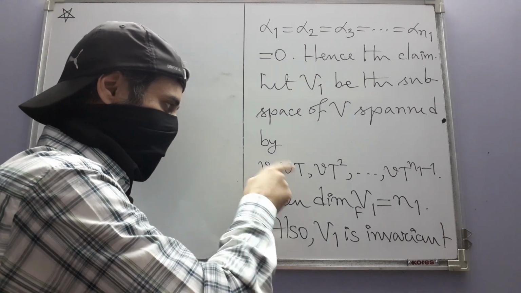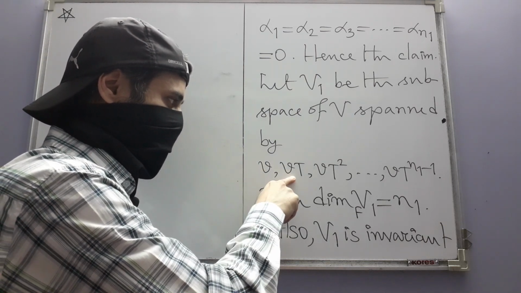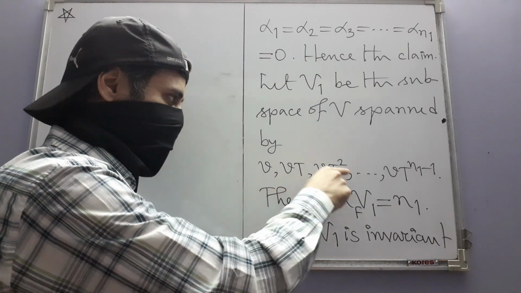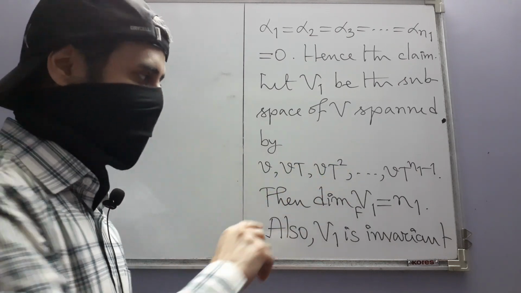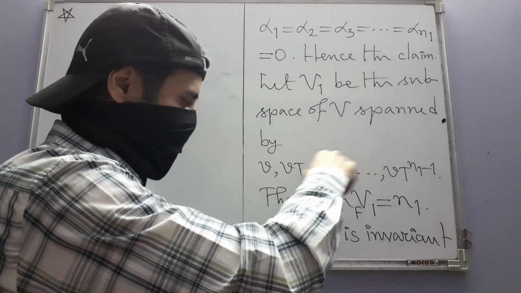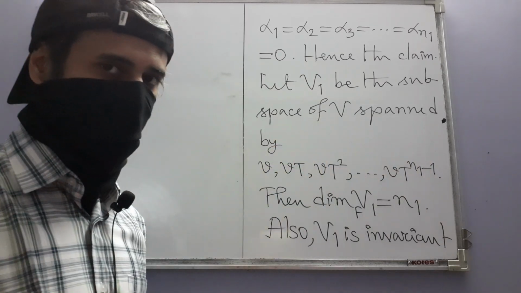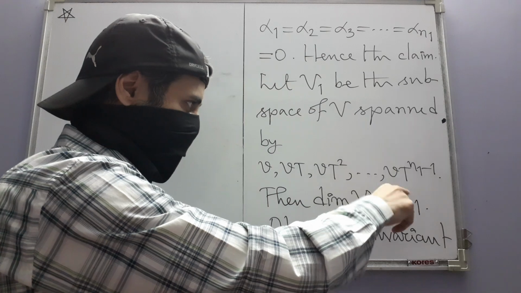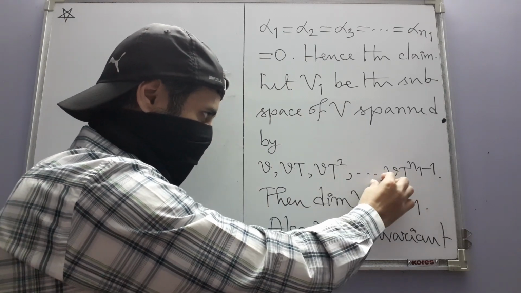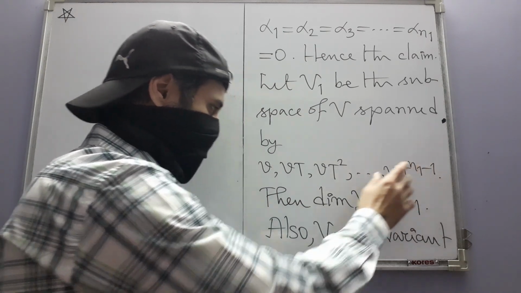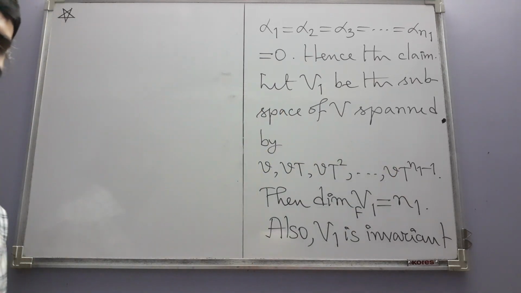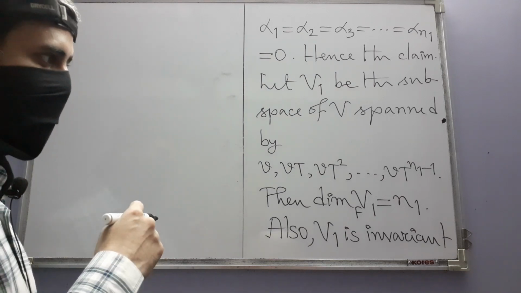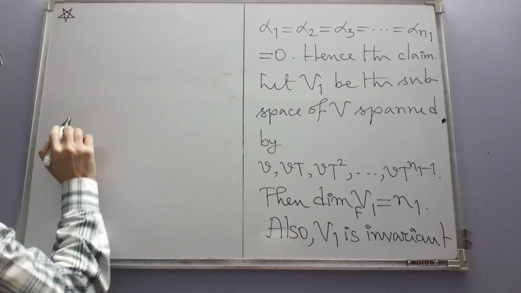If you take V, apply T on V, what do you get? Vt. On Vt, if you apply T, you get Vt square. So you are not going outside V1, you are staying inside V1, and like that, you go on getting vectors from here only. If you apply your T on the vector before this one, then you are going to get this one. But what happens when you apply T on this last one? Will that take you outside of V1? Let us see.